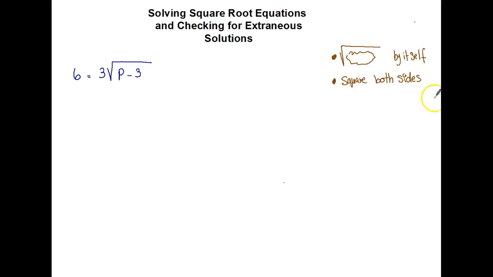So, since there's quite a few of you that are still confused about how to use inverse operations to get the root by itself, I'm going to give a few examples.